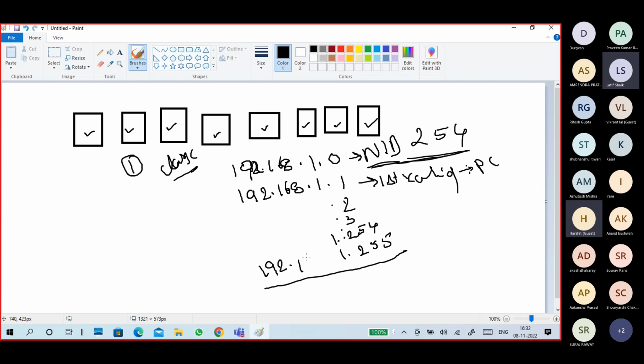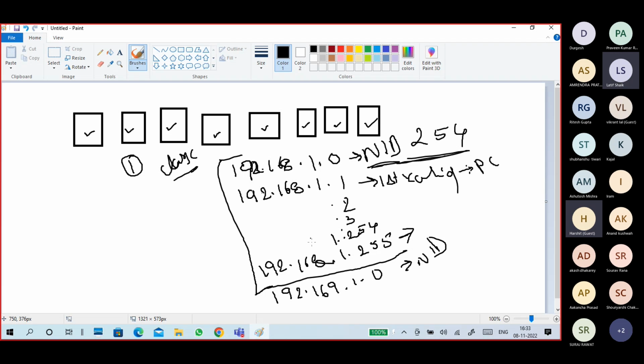192.168.1.255. Guys, this is the last one. How is it the last one? If you see, the next IP is 169.1.0. This is a separate network, it is a network ID. See, the network is finished at this place.